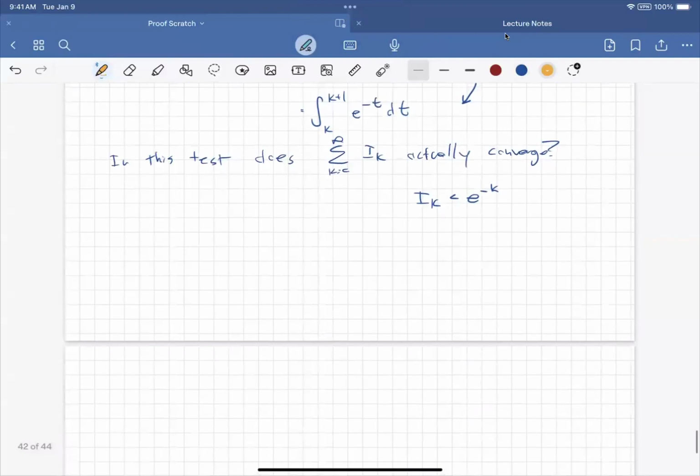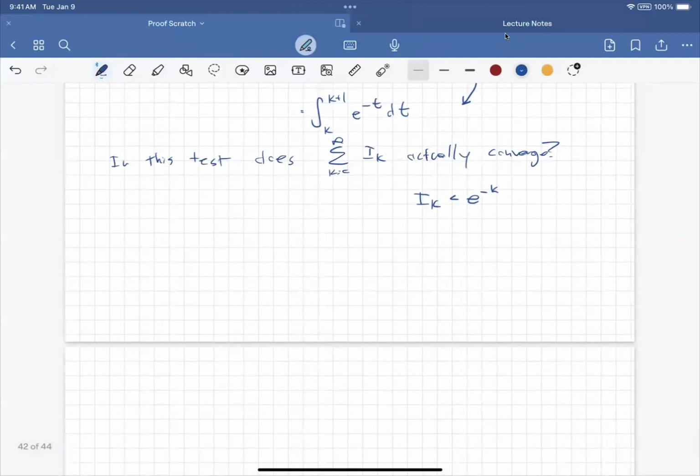So now let's proceed with the comparison test itself. For the comparison test, we can say that the series from k equals 0 to infinity of e to the negative k can be rewritten as the sum from k equals 0 to infinity of 1 over e to the k.